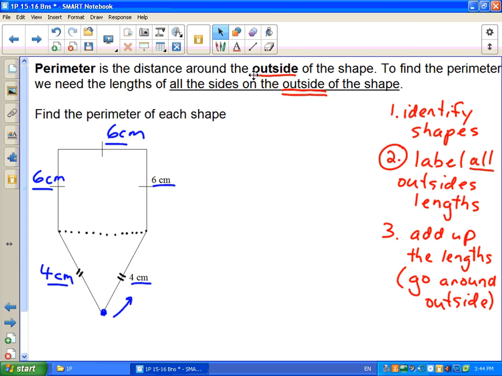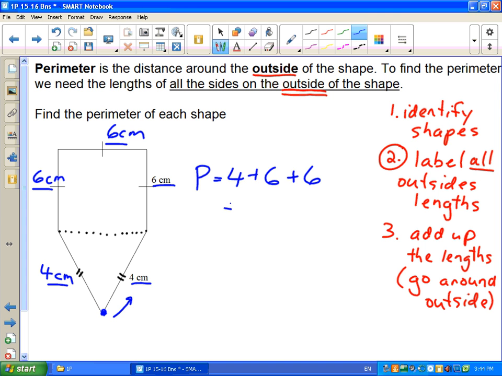So if I start where I've made this blue dot and I go around the shape, let's see, my perimeter is going to be, first I come to a 4 centimeters, so 4 plus 6 plus another 6 plus another 6 plus 4. And if I just add those up, that gets me a perimeter of 26 centimeters. And I'm done.